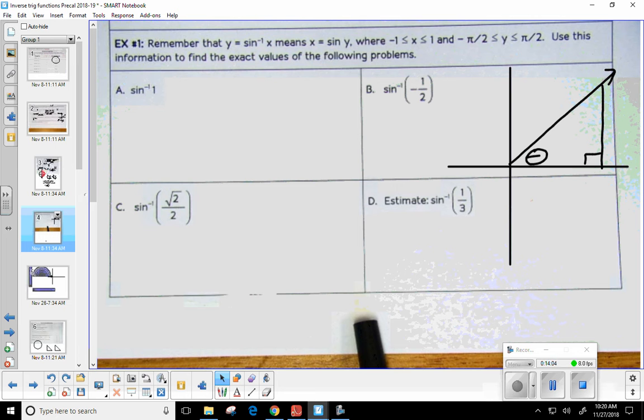Now remember the side ratio. Sine is always opposite over hypotenuse, so y over r. So this is 1, this is 3. And now just like before, I'm going to use the Pythagorean theorem to find the missing side, x.